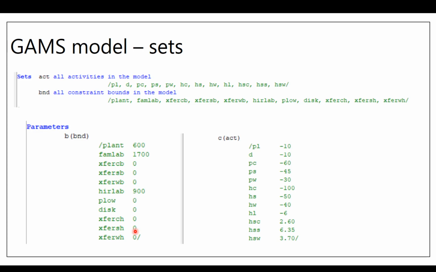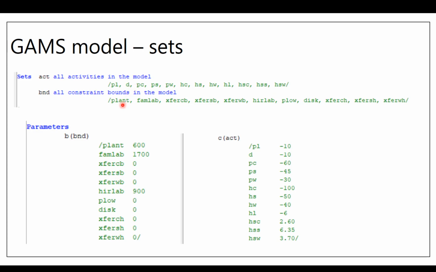Okay, so in the GAMS program, at the top you'll see that I have put in a couple of sets that include all the activities in the model. I call it ACT. So it's plowing, disking, planting, harvest, hiring labor, selling, harvest, sale, and then all the boundaries in the model.